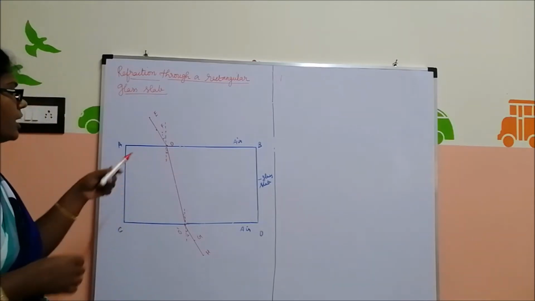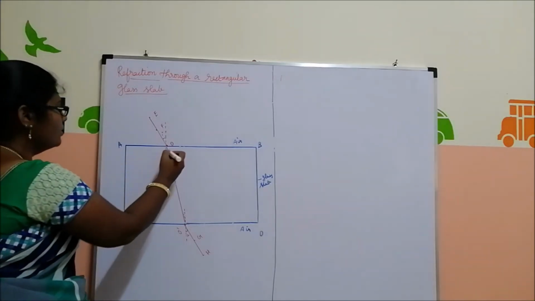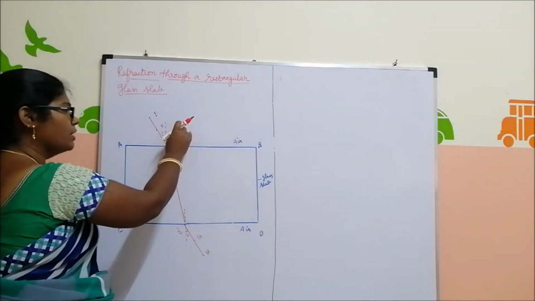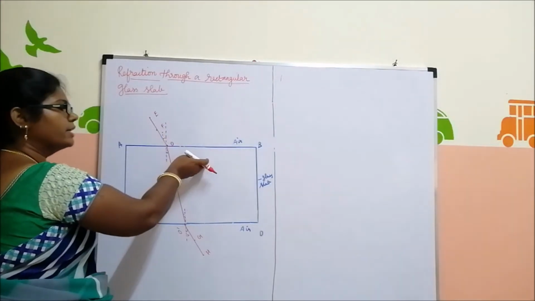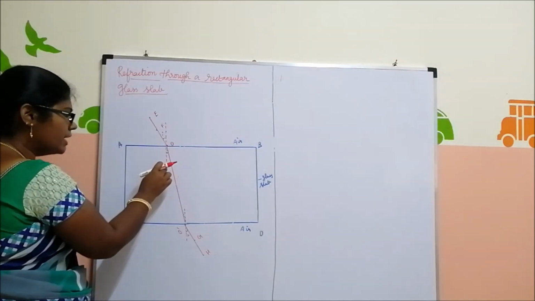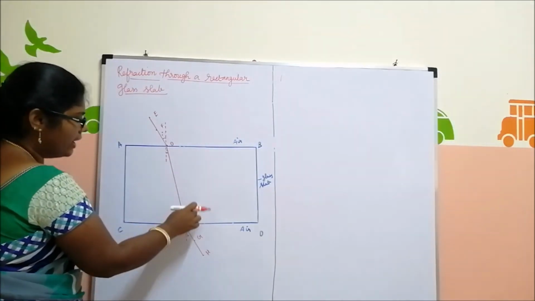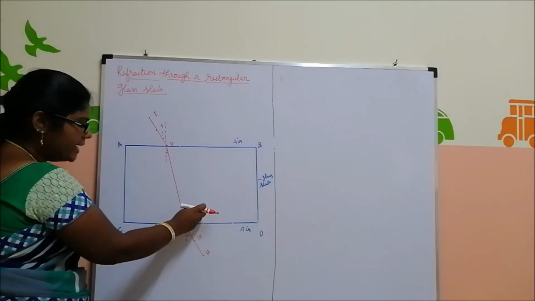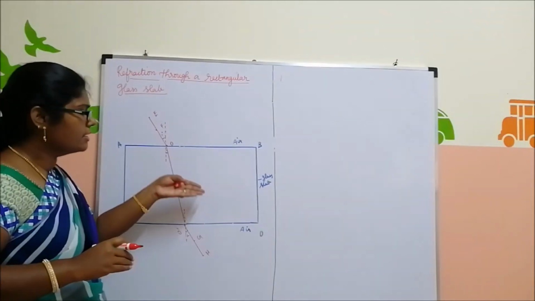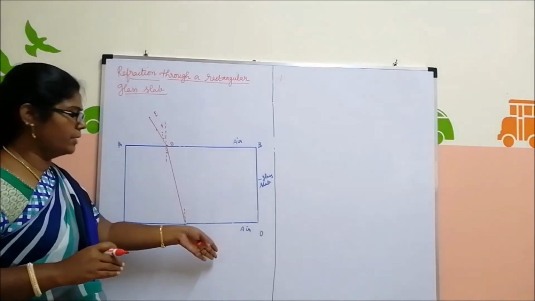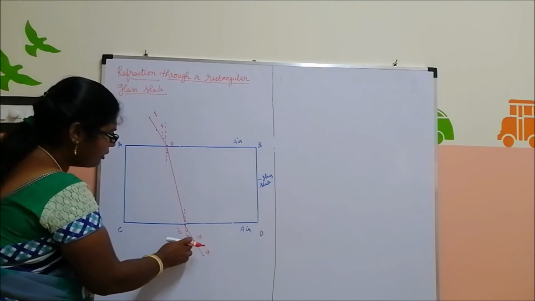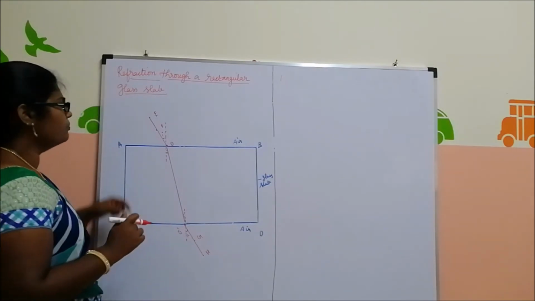From this we can observe that when the light ray enters from air into the glass slab, it bends towards the normal, and when the light ray emerges from the glass slab, that is from glass to air medium, it moves away from the normal.